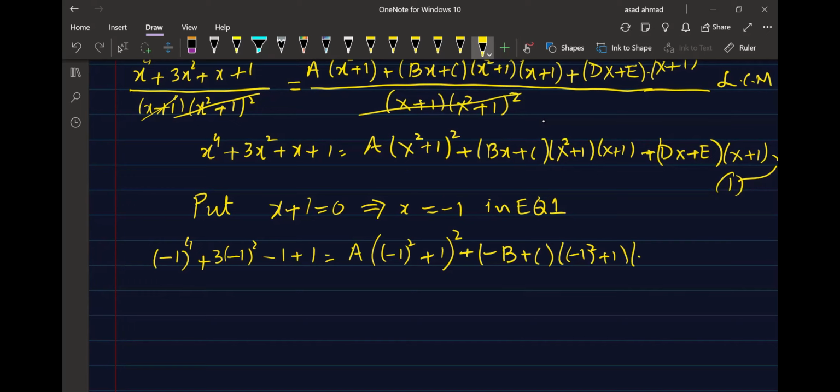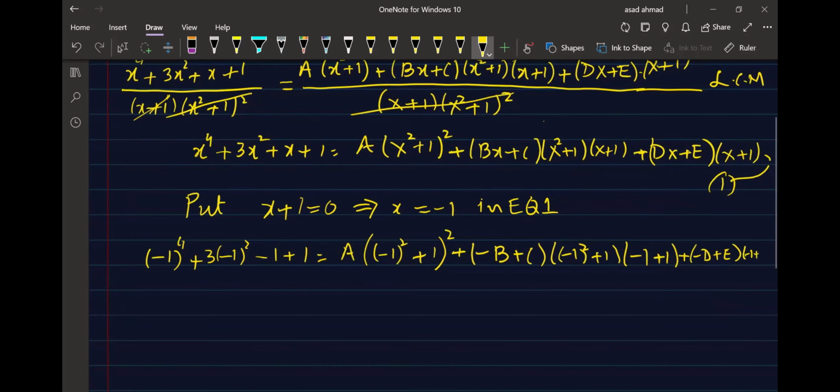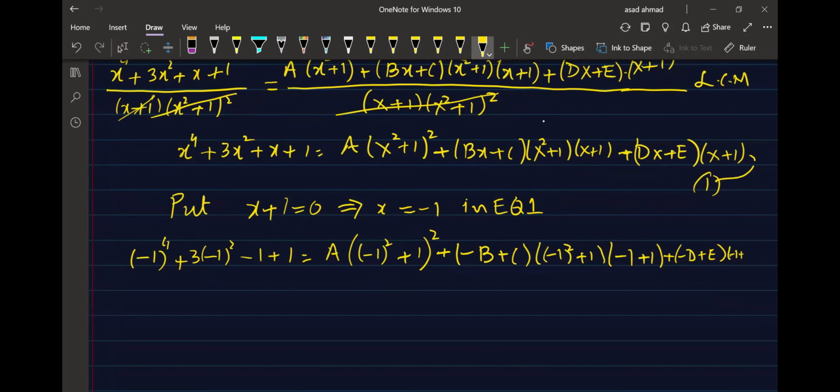We are substituting the value of x, minus 1, at all the places. Minus 1 plus 1. So from this step, we will see that a few terms will become 0.